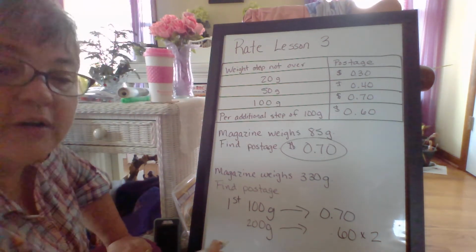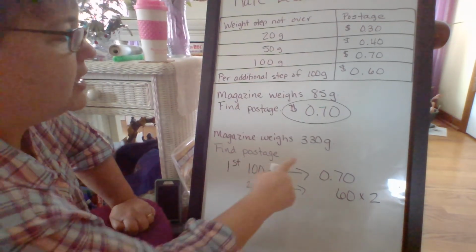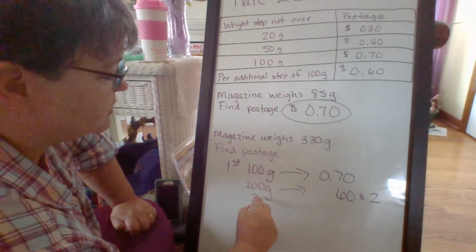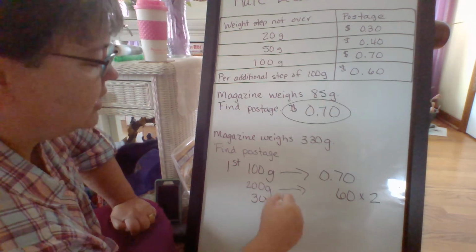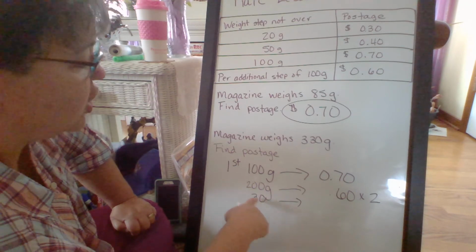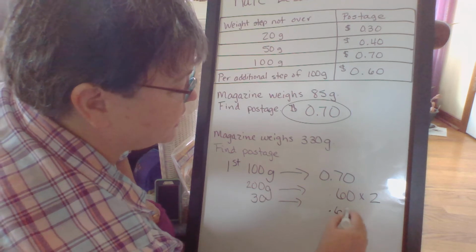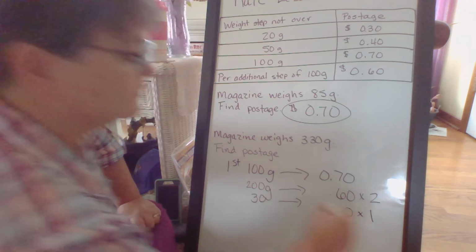And then for that last little bit, the 30 grams, see, 200, 330, guess what? It's not a whole 100, but it's over, so we have to pay the full 60 cents for that too.